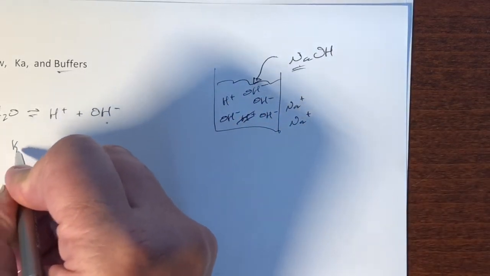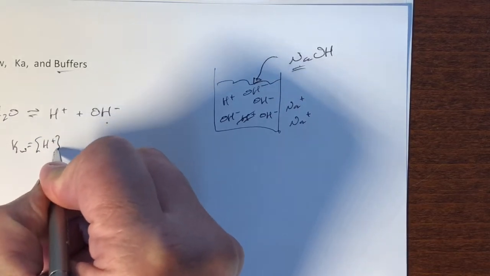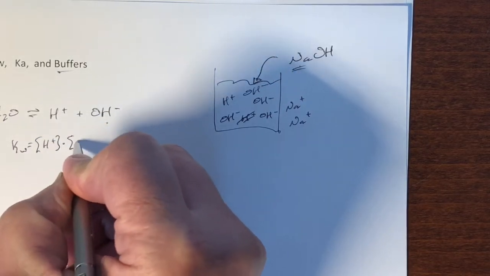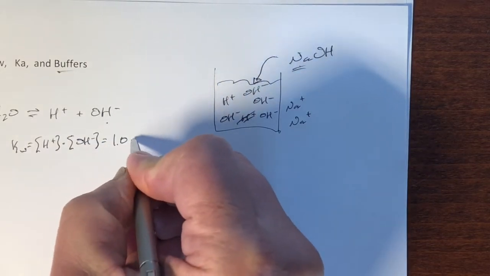The Kw only expresses itself in terms of hydroxide and H+. So my Kw is that the H+ ion concentration times the hydroxide ion concentration is a constant, which is 1.0 times 10 to the minus 14.